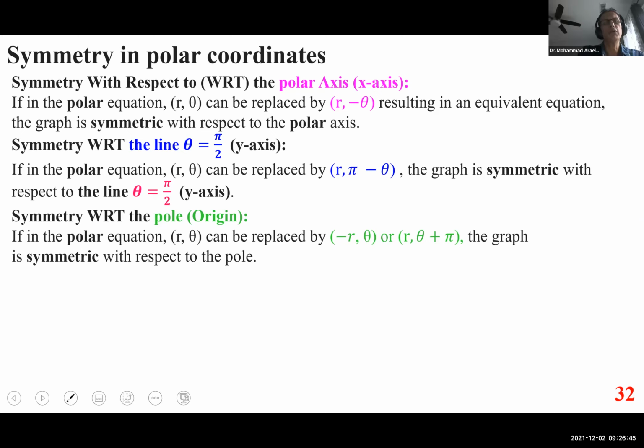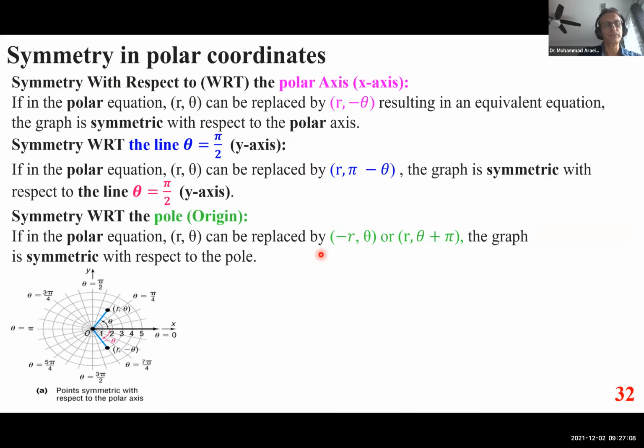Perfect. I put WRT because I use that from time to time, which is the shorthand for symmetric with respect to. So what do we mean by this? I want to make sure we understand the concept that is explained here. If you take a look at this one, this is your polar axis.